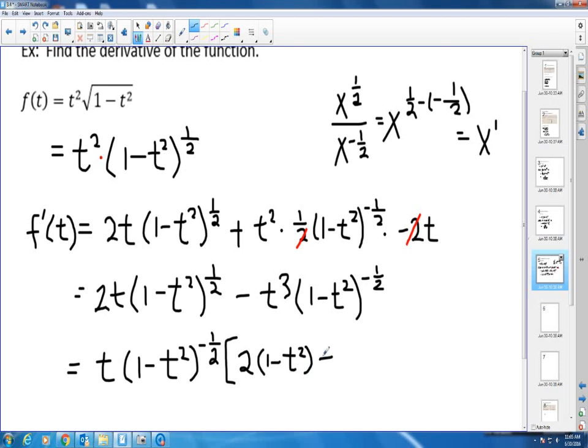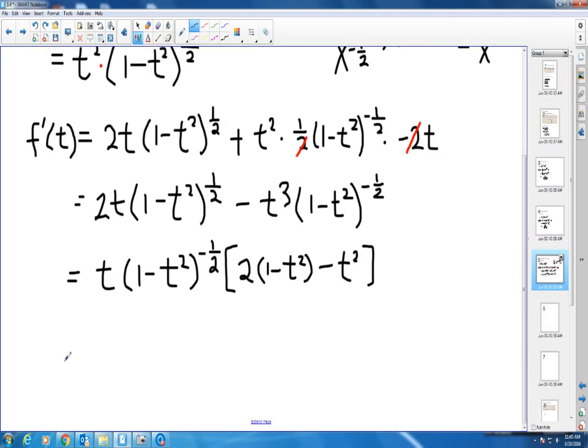So that's 1 minus t squared to the first power, minus, take a t from t to the third, t squared is left. Take the entire negative half power here to the outside. There's nothing left for my t squared. Alright, let's simplify the inside. 2 times 1 will be a 2. 2 times negative t squared is negative 2t squared.